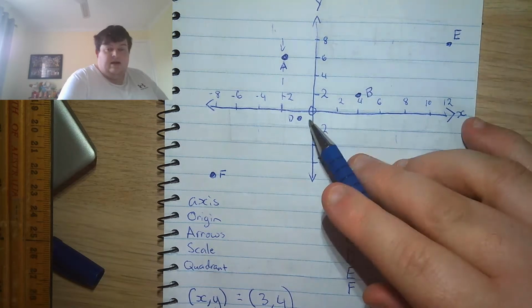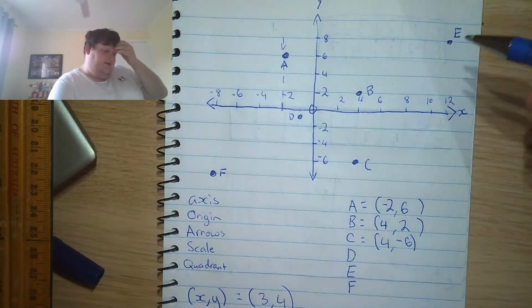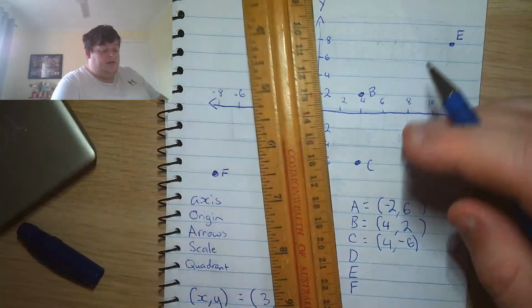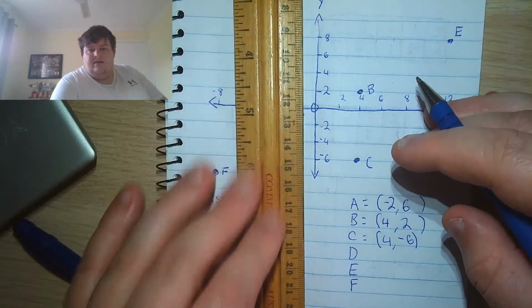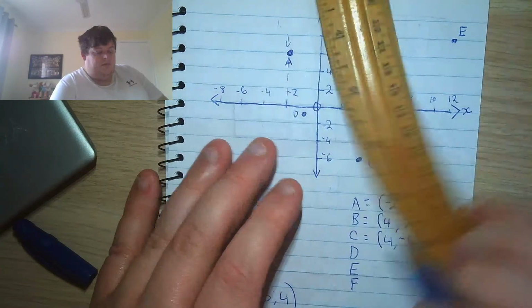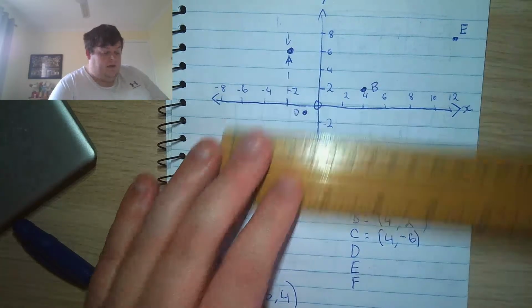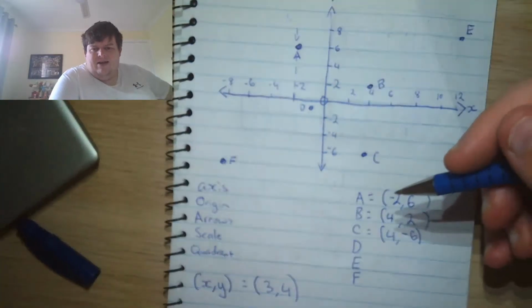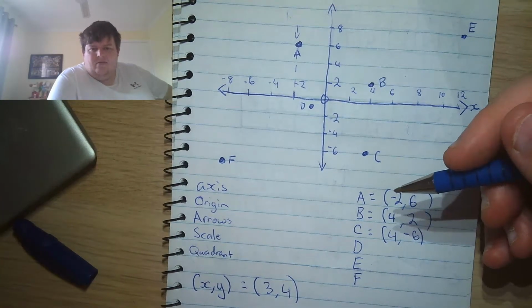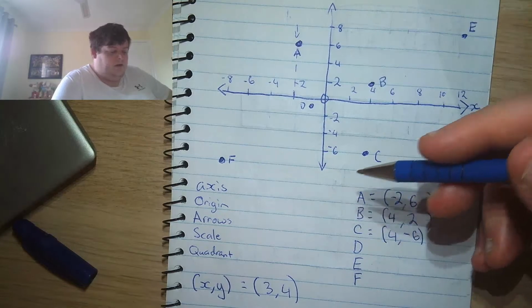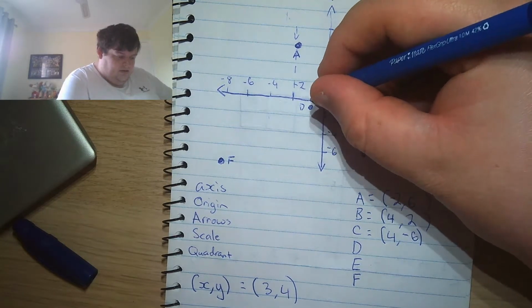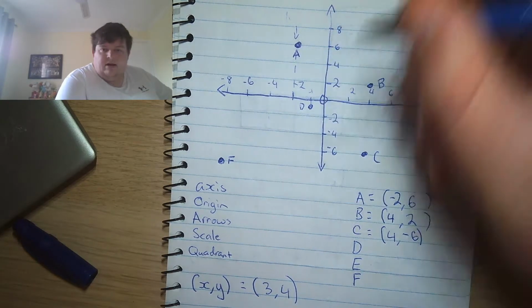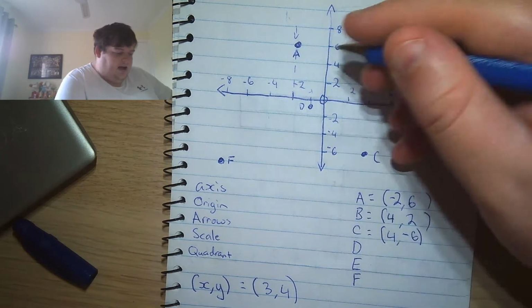For D, now I like this point here because if you look at my ruler, it's halfway down between the tick marks for both of these. If the tick mark is 2 and I'm going half of that way, what's the value of this point? Well, it is safe to assume that this here would line up with -1, because it's halfway to 2.